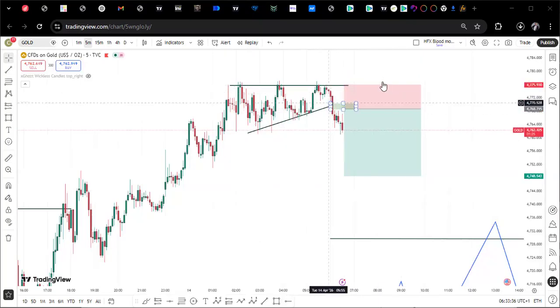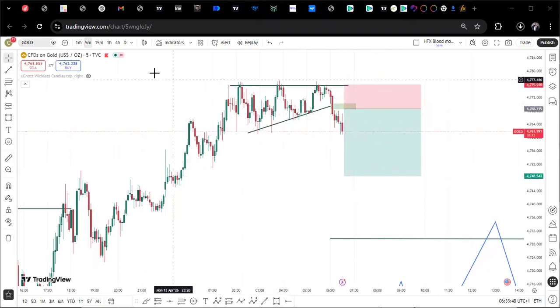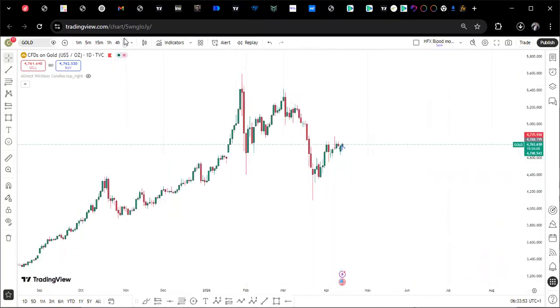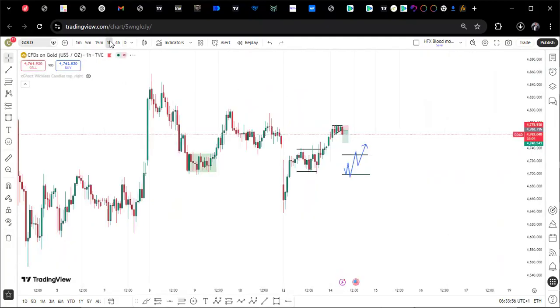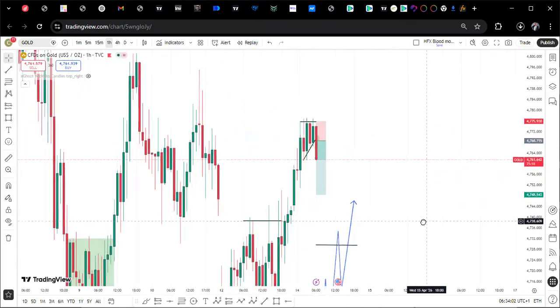So this is what I'm looking at, for the market to get back into this zone for just a 20 points move or a 200 pips move, 4748. You can see at the end of the day, this is the 1 hour time frame, halfway through the 1 hour candle.